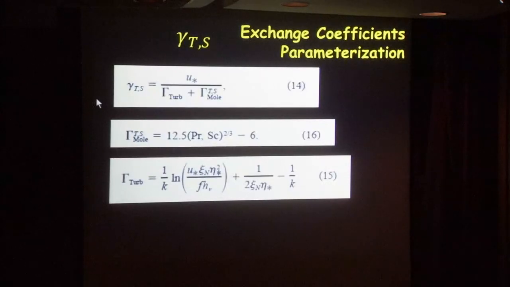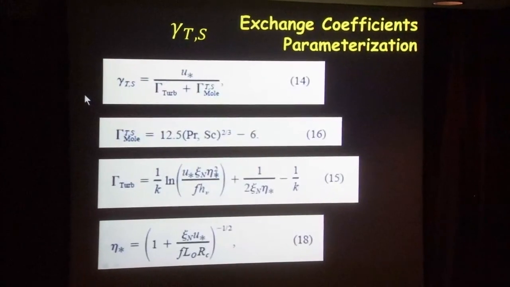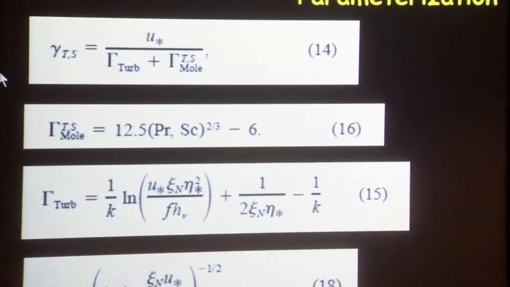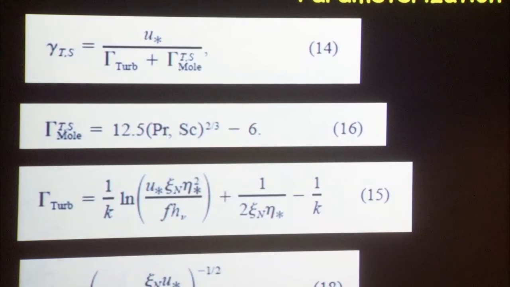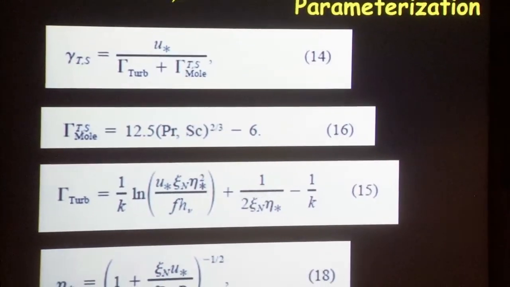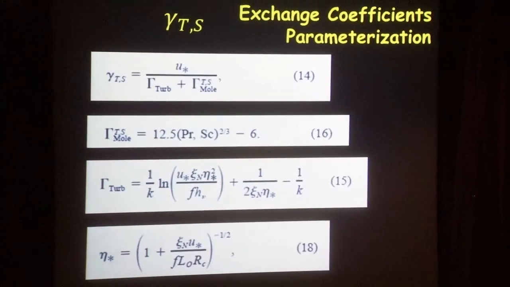The point of that, and there's the stability parameter, is that this is currently what is used pretty much in every ice-ocean modeling effort recently. And some of it has been verified by observations, and I'll show you a few cases of that.